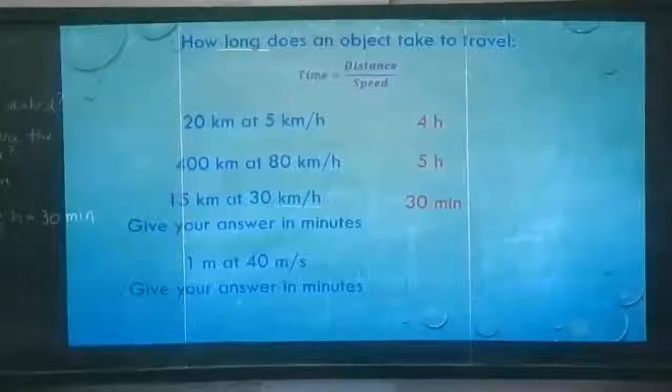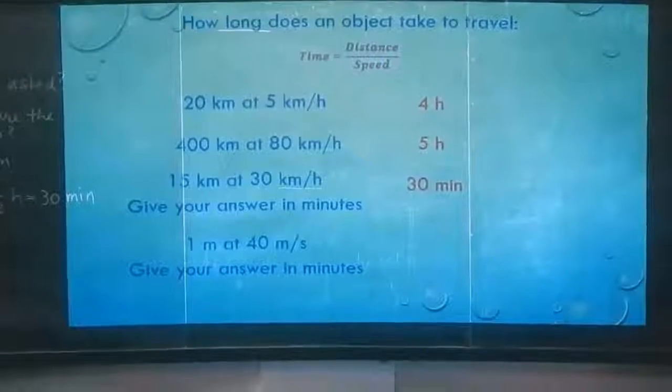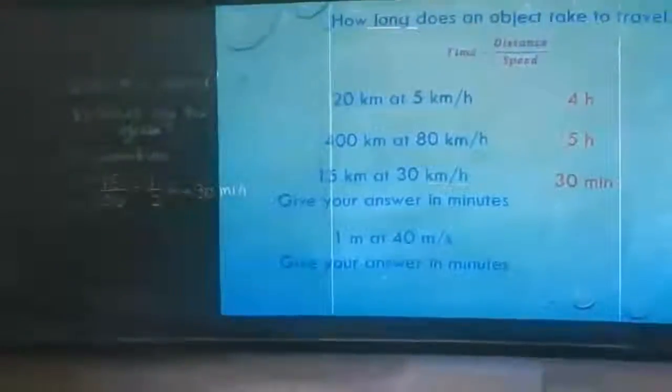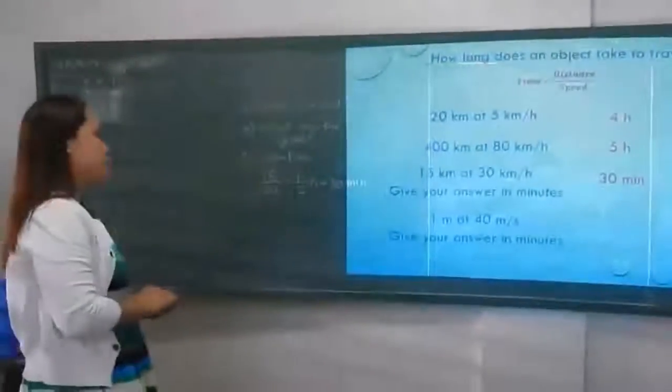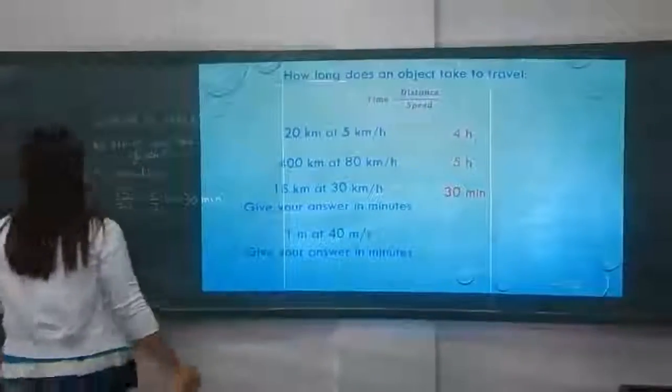Over here we have how long does it take for 1 meter at 40 meters per second. We're going to answer in minutes this time. So how will you do this? Okay.